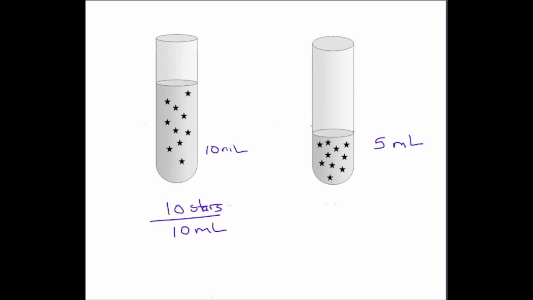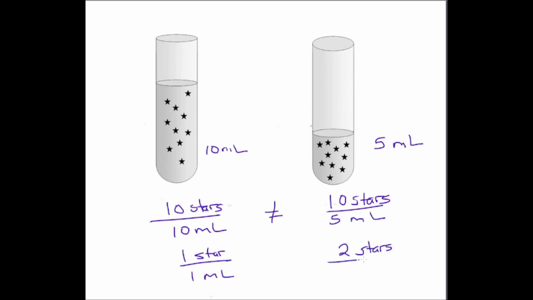So this has 10 stars in 5 mils. And in this case, even though the amounts of stars are the same, concentrations are different. Because this again is 1 star per 1 mil. And this, if we divide both the top and the bottom by 5, is 2 stars in 1 mil.